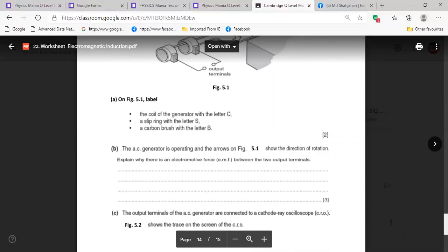Is it clear? Only 10 MCQs you will take, and your time is only 20 minutes, but 10 minutes you are getting for technical issues in Google form.